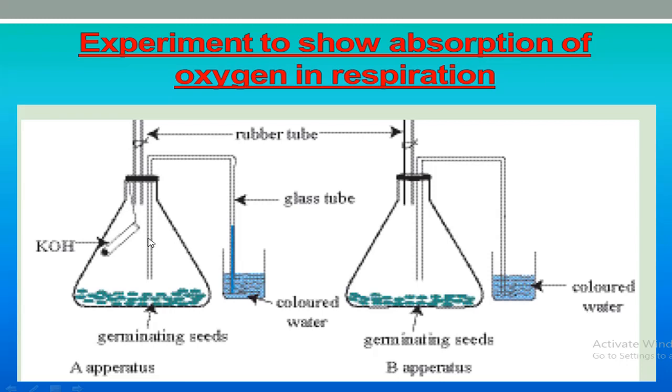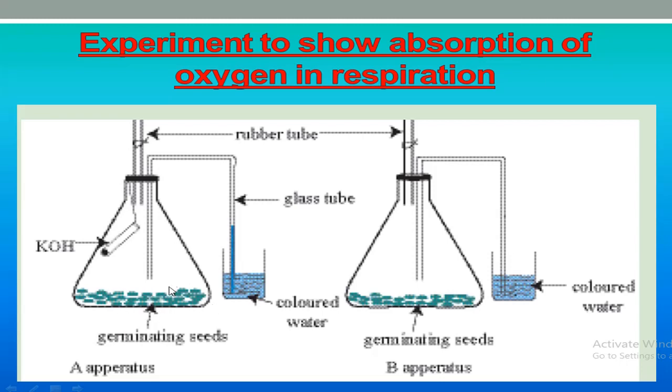When this setup is kept, after some time we will observe the colored liquid column of apparatus A goes up, but the liquid level of apparatus B does not change. What is the reason?